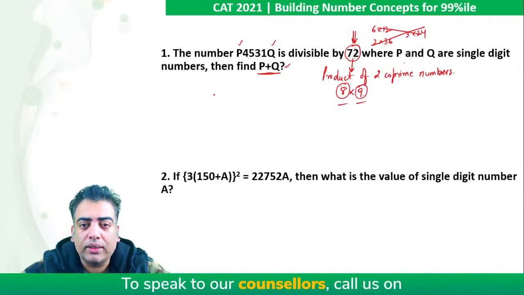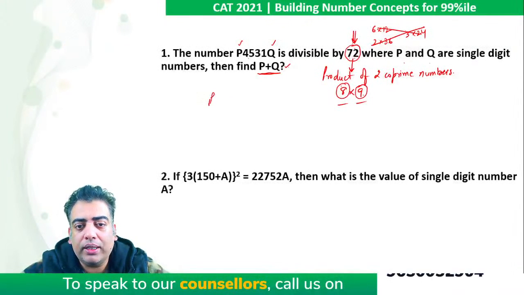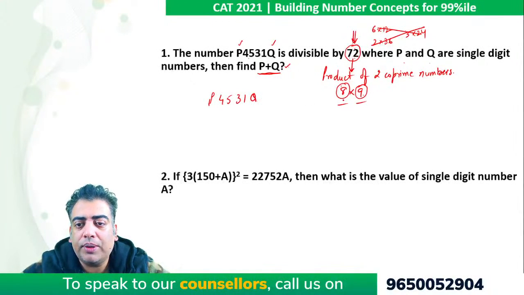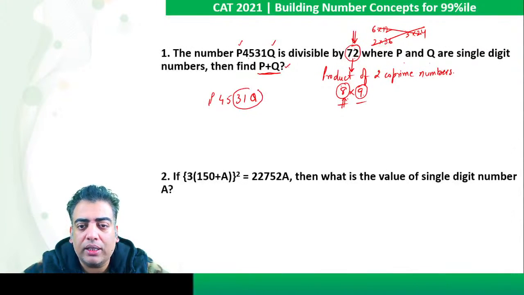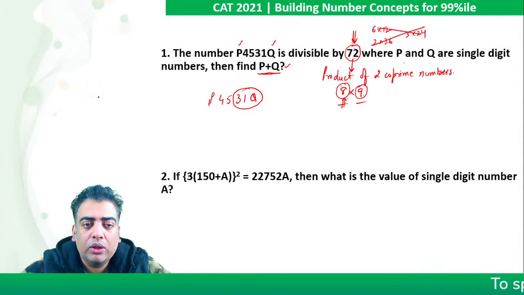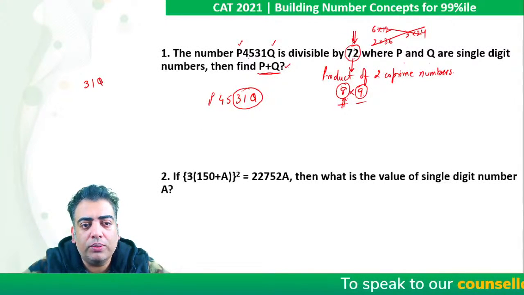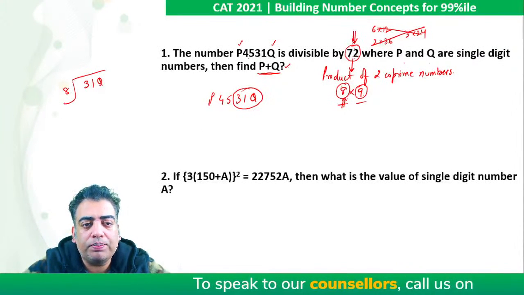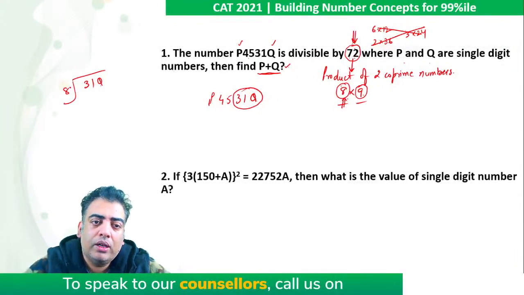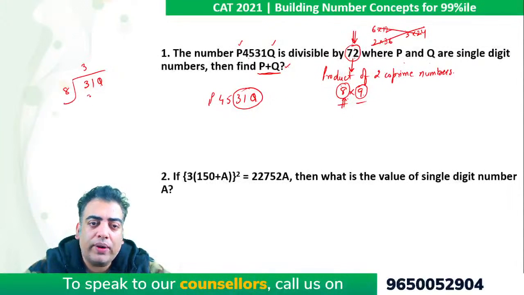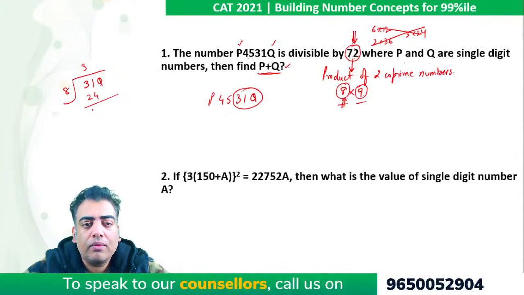Now let's use it. As it is given to me that P4531Q is divisible by 8, it means its last 3 digits are divisible by 8. So we will divide 31Q by 8 to figure out possible value of Q. So we can say 8 into 3 is 24. Leftover is 7.